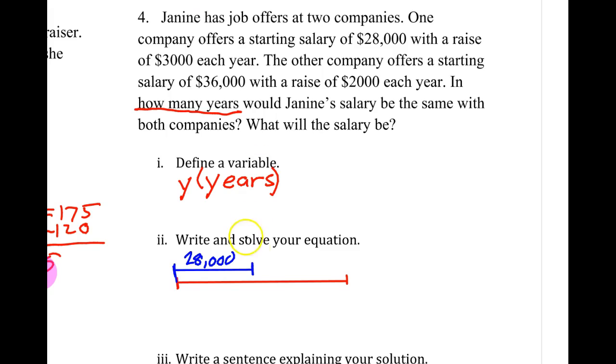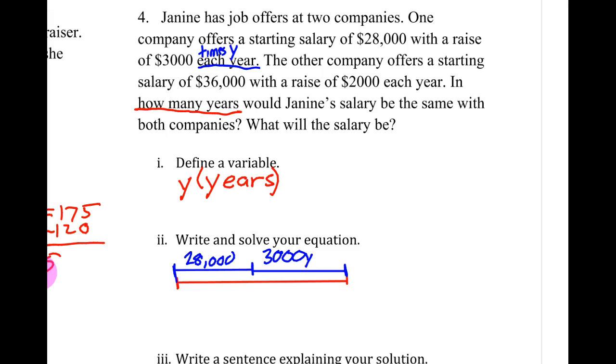And then from there to the end, we know it's going to be $3,000 each year. Now, each year is multiplication times Y. So we can call this 3,000 Y. So after the first year, Y is 0, so it's just 28,000. After the first year, Y is 1. 3,000 times 1 would be 3,000. 3,000 plus 28 would give us 33. So we can calculate how much money they're making each year.